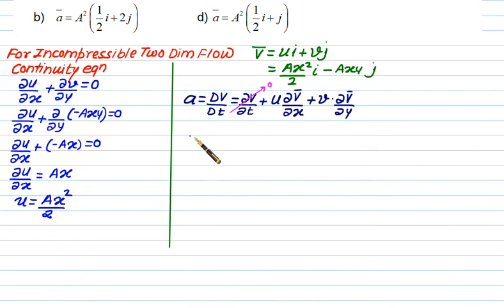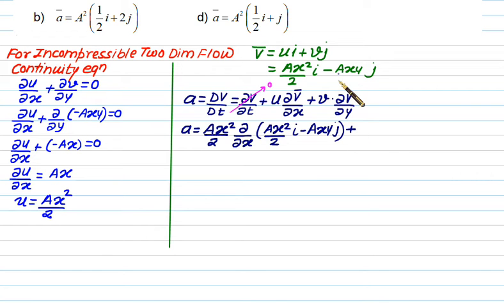So we have total acceleration a equal to u, which is ax square by 2, times del x of velocity, ax square by 2 i minus axy j, plus we have v component, which is equal to minus axy, into del y of V bar, which is equal to ax square by 2 i minus axy j.